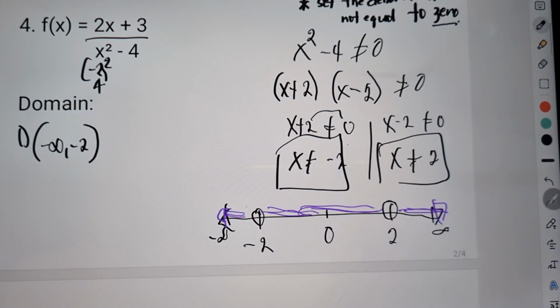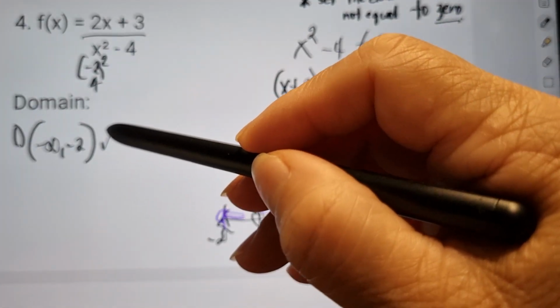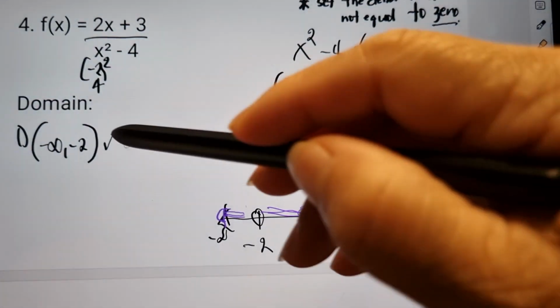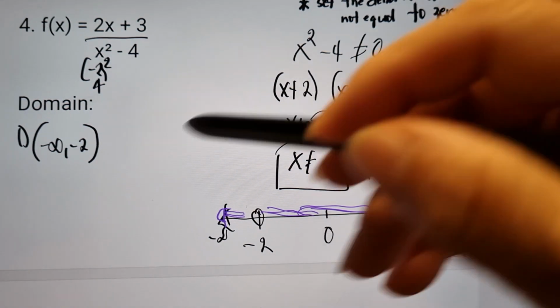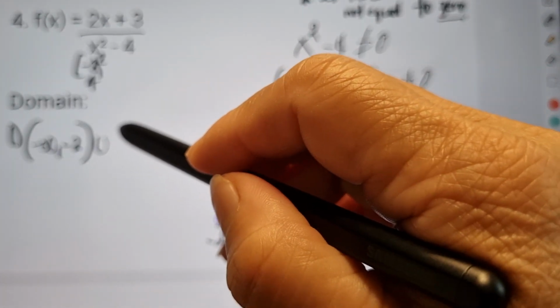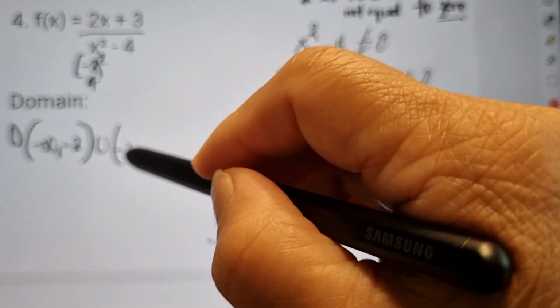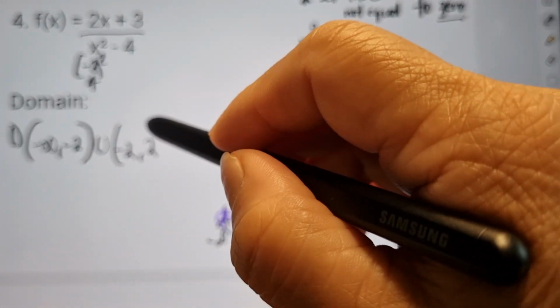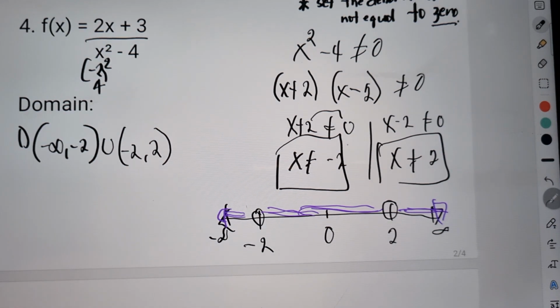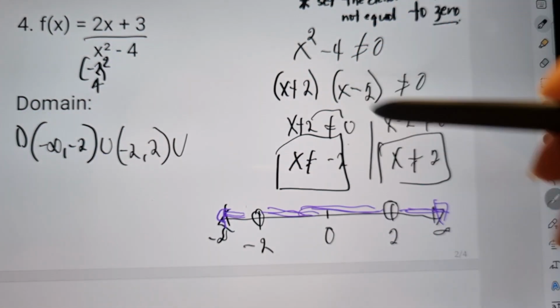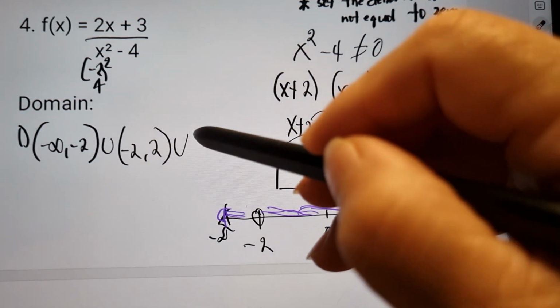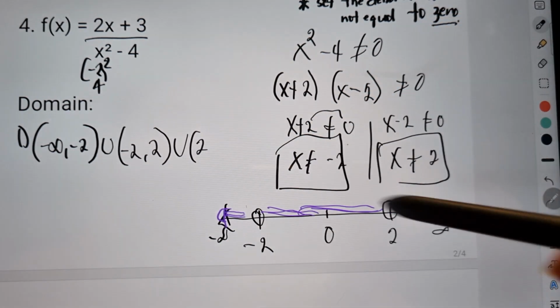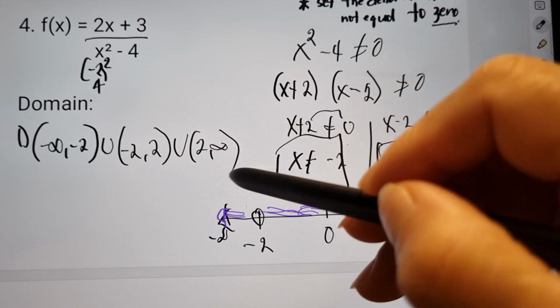And then, we have union. Negative 2, simula ka ulit sa negative 2, hanggang positive 2. Again, parenthesis ang gagamitin natin kasi ibig sabihin hindi kasali. Then, another one, from positive 2 up to positive infinity.